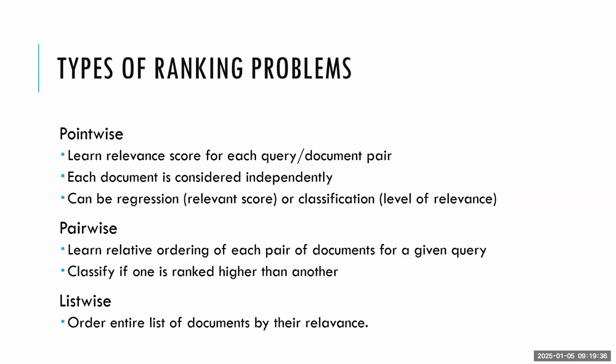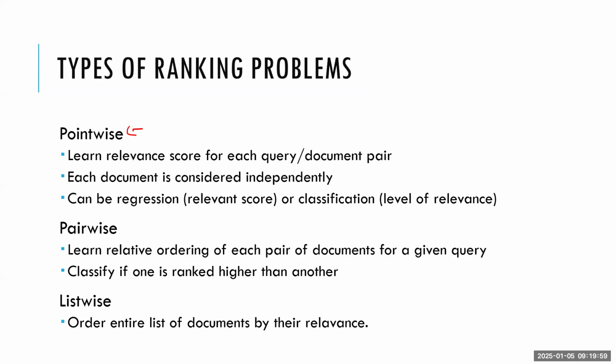So there are many types of ranking problems. Basically, there are many ways to solve the ranking problem. The first way is called pointwise. In pointwise, you look at a query-document pair.